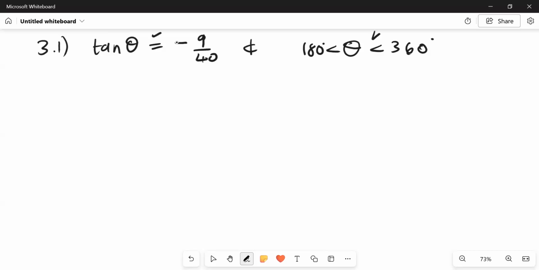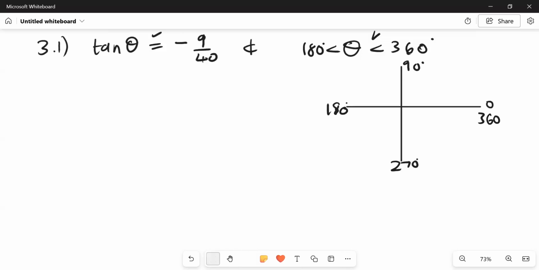Let's draw the CAST diagram. You draw your CAST diagram there. After drawing your CAST diagram, this is your 0, 90, 180, 270, and 360.